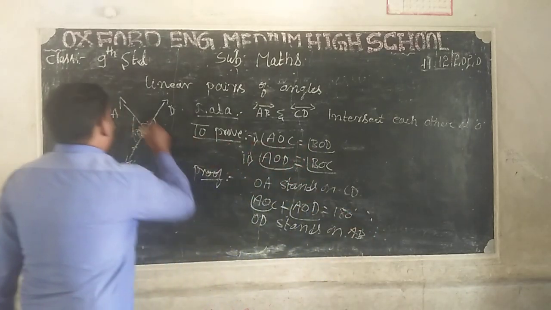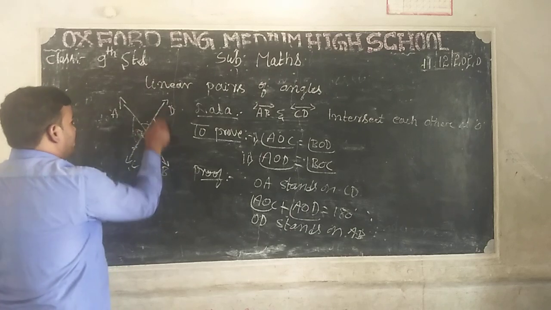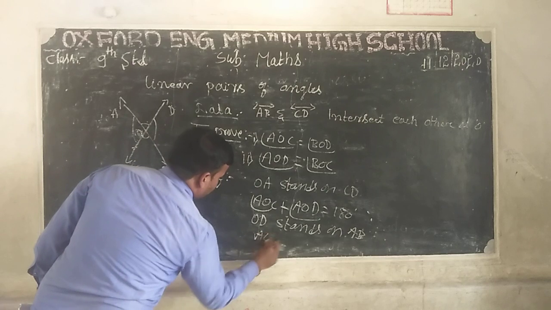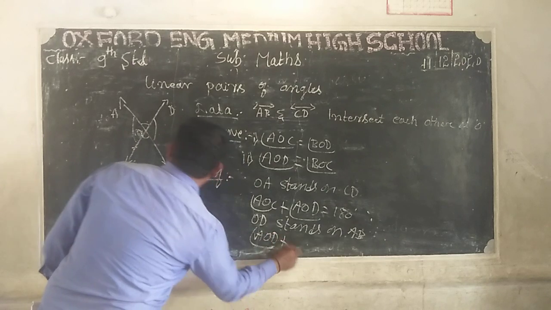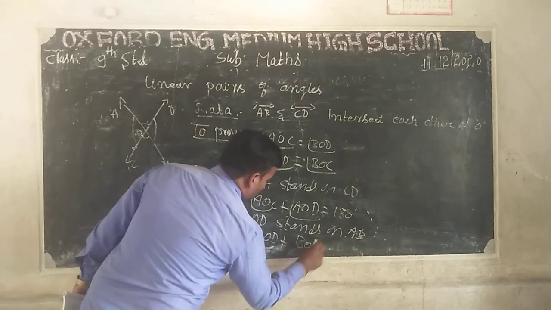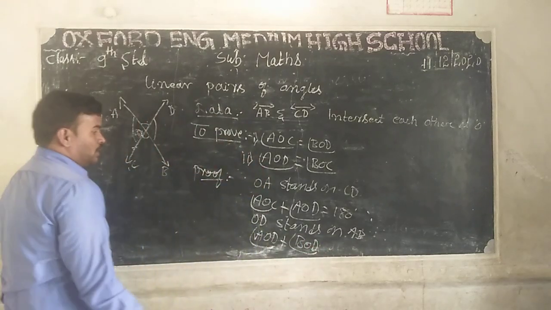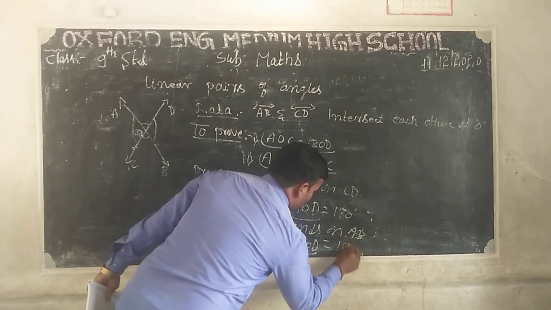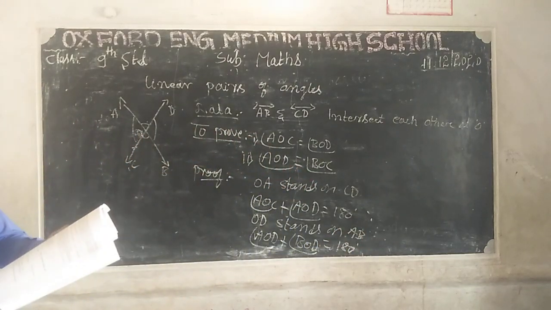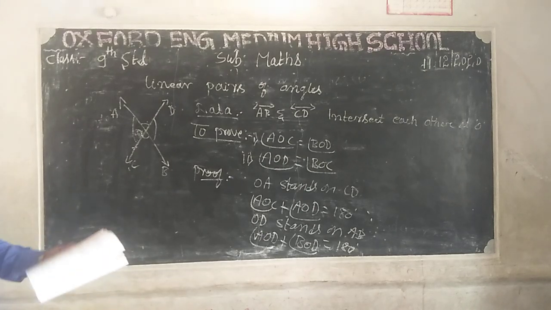Look, when OD stands on AB, two angles are formed here. Which are the two angles? AOD plus BOD. AOD plus BOD is also equal to 180 degrees. So therefore AOD plus BOD is also 180 degrees.